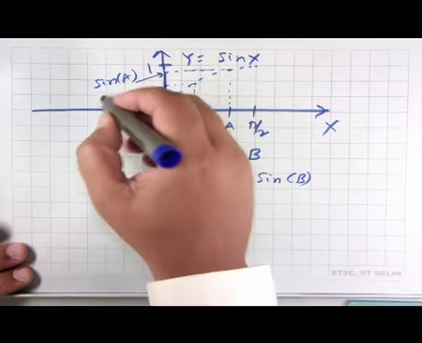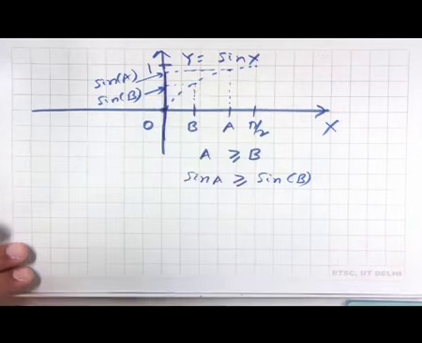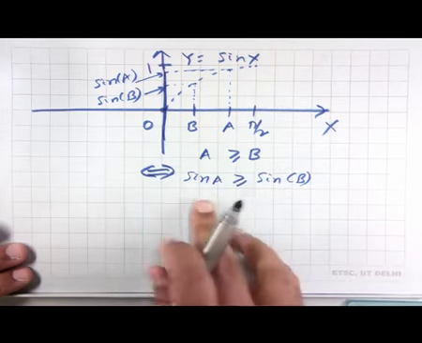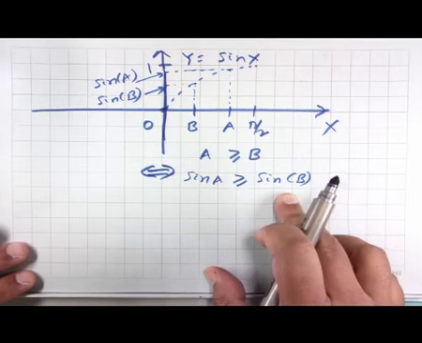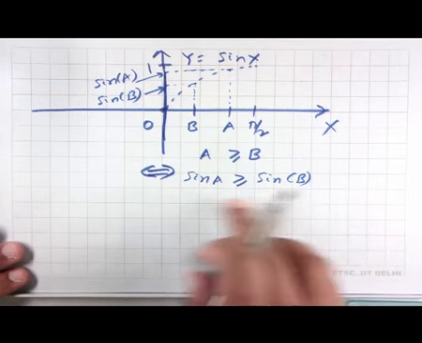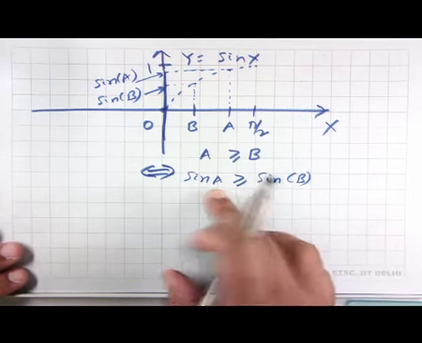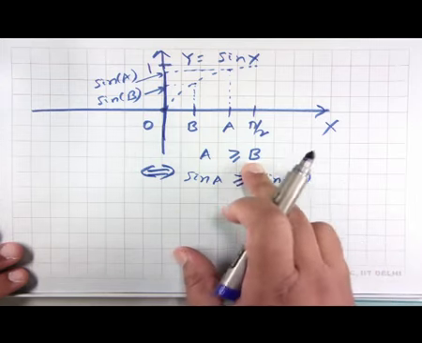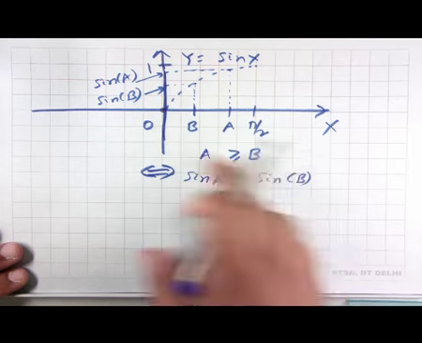So A greater than or equal to B implies and is implied by the fact that sine A is greater than or equal to sine B. So if we have to show that sine of A is greater than or equal to sine B, it suffices to show that A is greater than or equal to B in this interval.